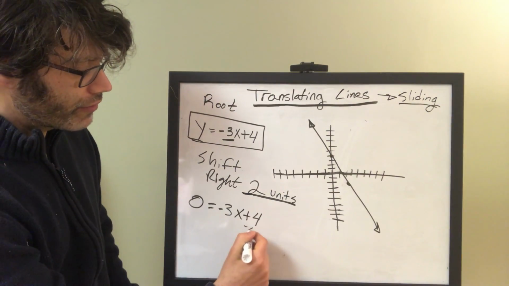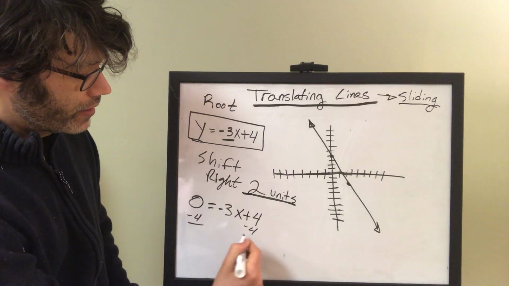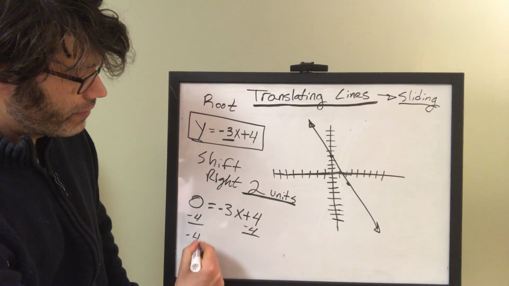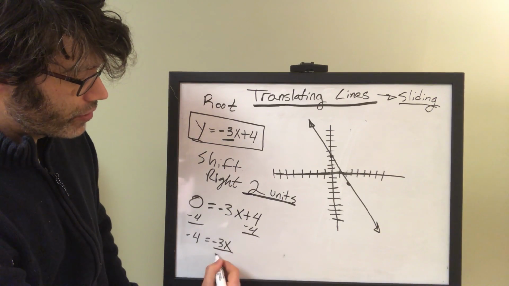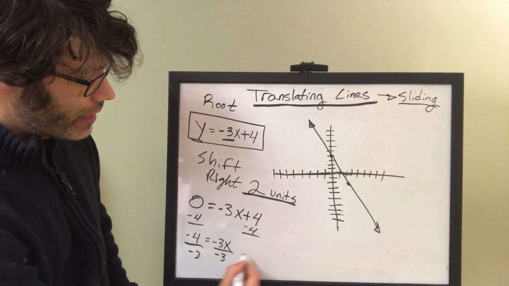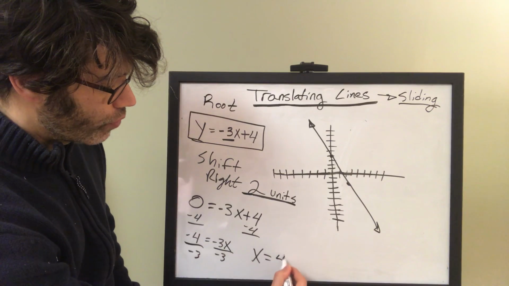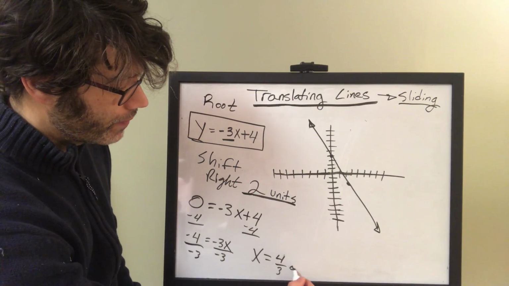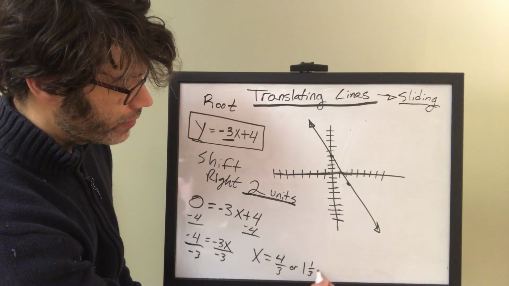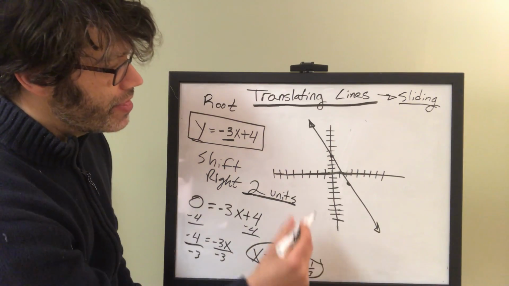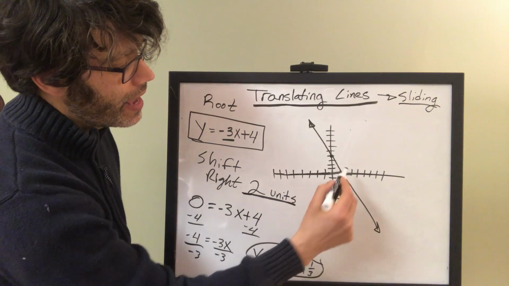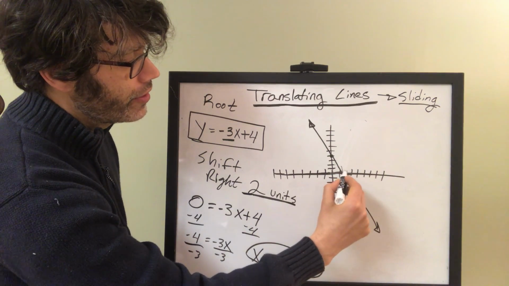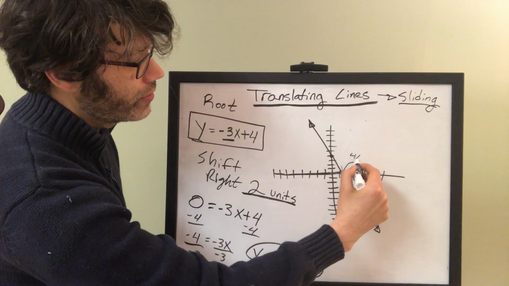So we'll subtract 4 from both sides, and we've got -4 equals -3x. Divide both sides by -3, and so x equals 4/3, or 1 1/3, either way. So that means that this line goes through the x-axis at 1 1/3, or 4/3.